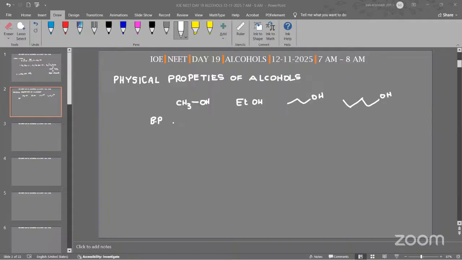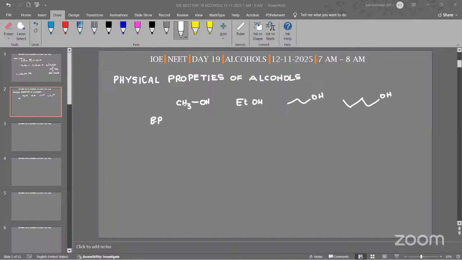Surface area depends on chain length, carbon chain length. So the alcohol with more number of carbon atoms in a straight chain will have more surface area, that will have more intermolecular attractions. Hence, its boiling point would be more.